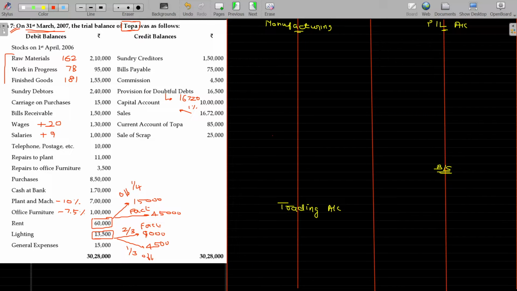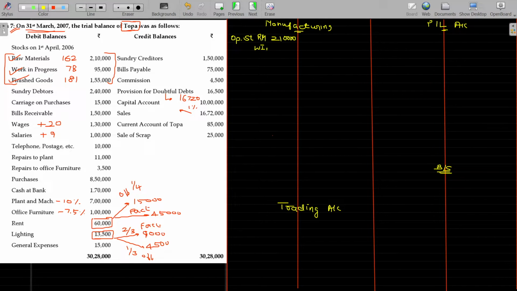We'll finish up posting the stocks here first of all. Raw material, work in progress, finished goods. Among the 3, raw material and work in progress will be posted in the manufacturing account and finished goods will be posted in the trading account. Opening stock of raw material being 2,10,000.